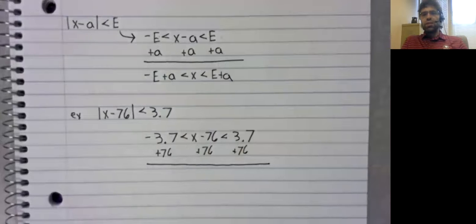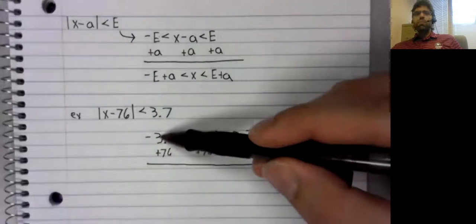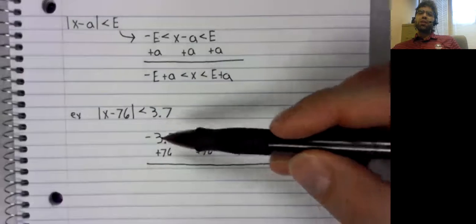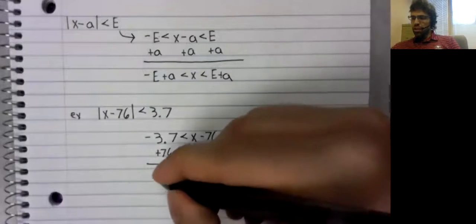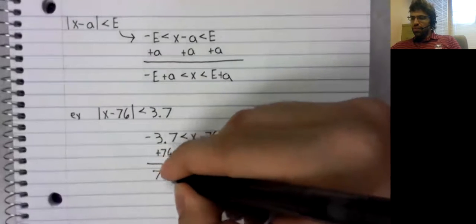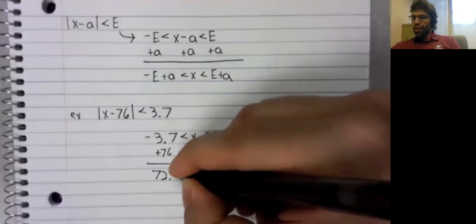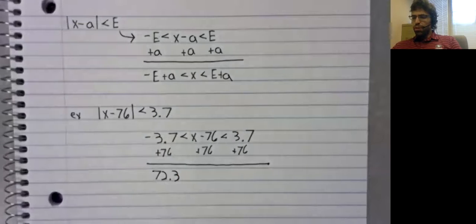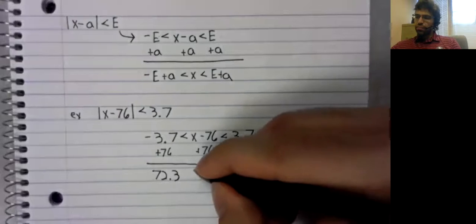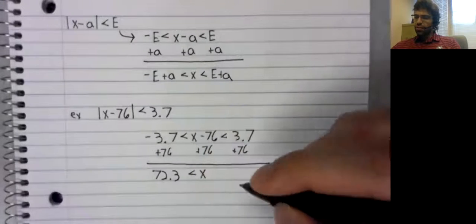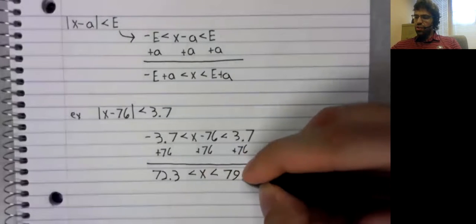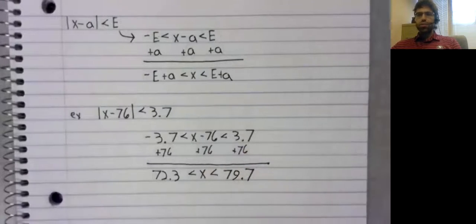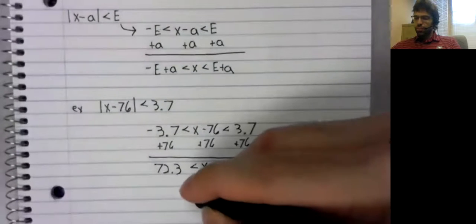So let me see. 76 minus 3.7. No, 76 minus 3 is 73. Minus another 0.7, I make that 72.3 is less than x is less than 79.7.